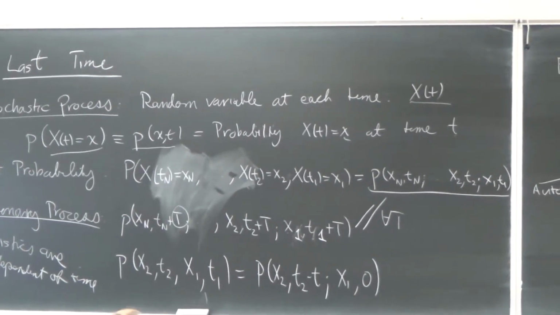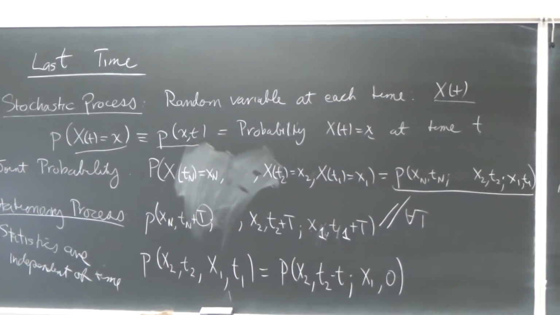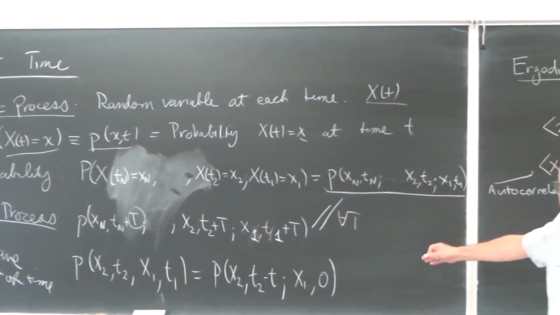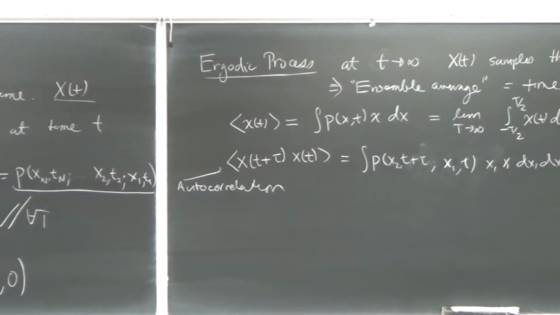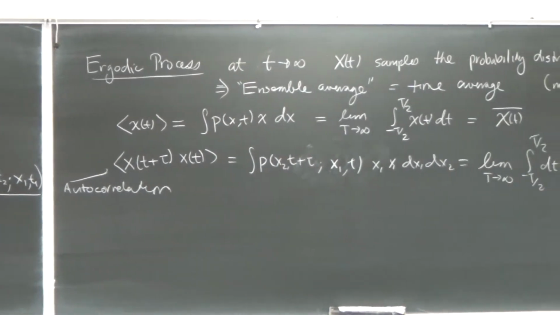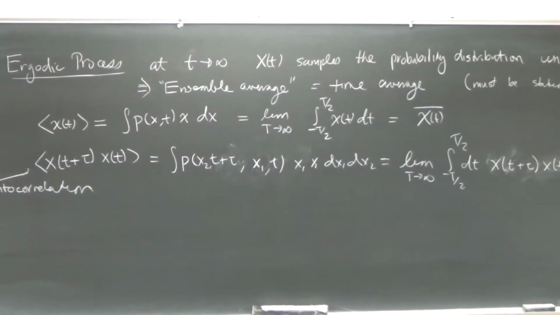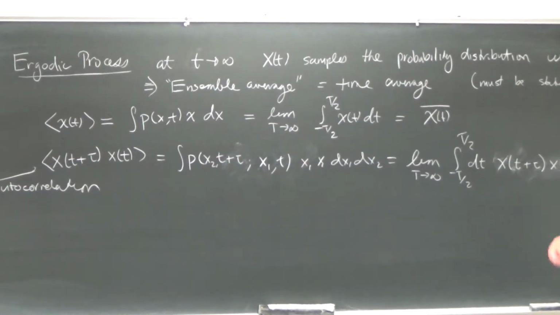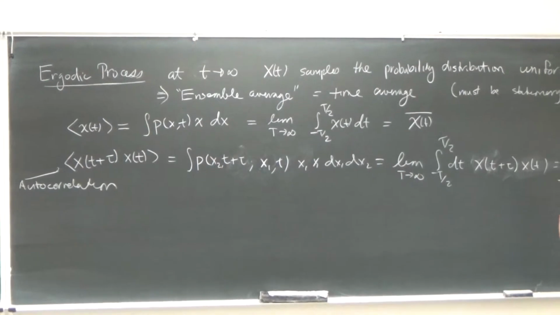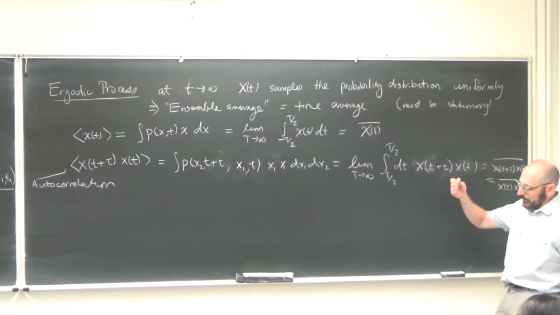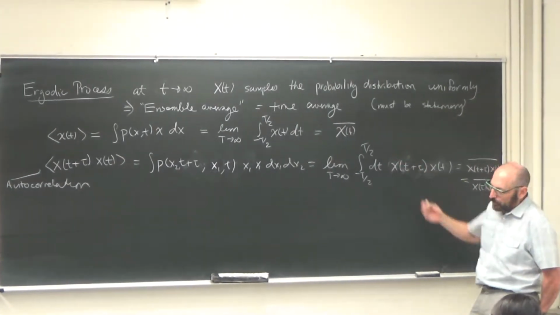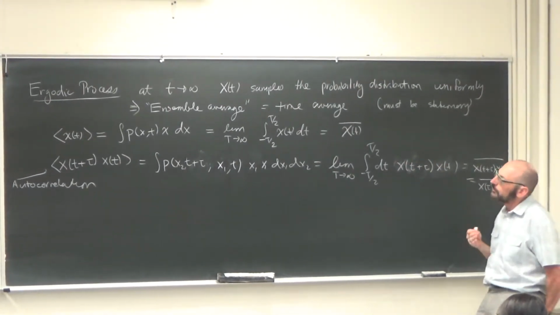All right. Another special class, a subset of this set of processes, are processes that are ergodic. Ergodic processes are ones in which the random variable at each time is taking some sample from the probability distribution, right?